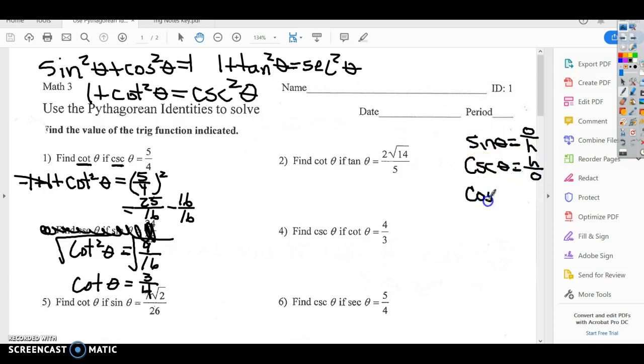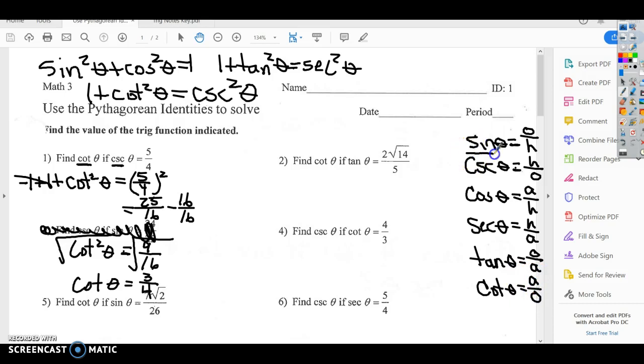We have cosine of theta is equal to adjacent over hypotenuse. The secant is the reciprocal of the cosine, so hypotenuse over adjacent. And then I have tangent of theta equals opposite over adjacent. And cotangent of theta equals adjacent over opposite.